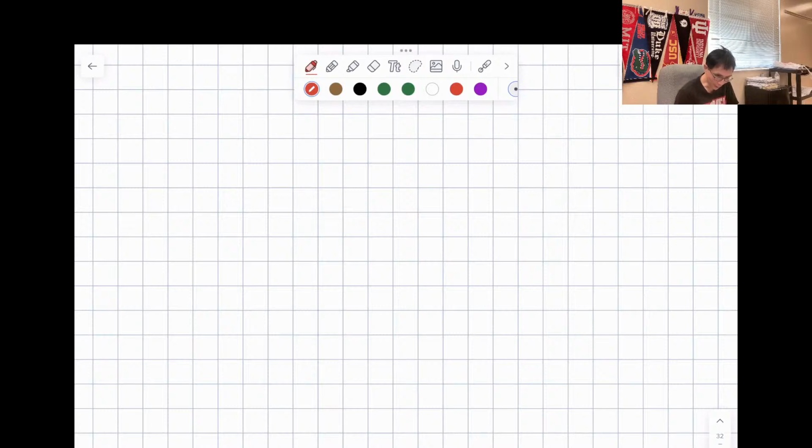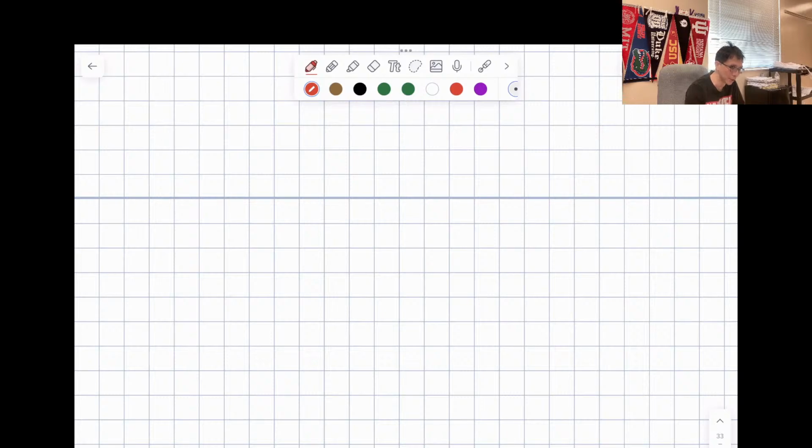All right, so we're going to talk about solving multiple angle questions. So let's just say sine of 3x is equal to -1/2.